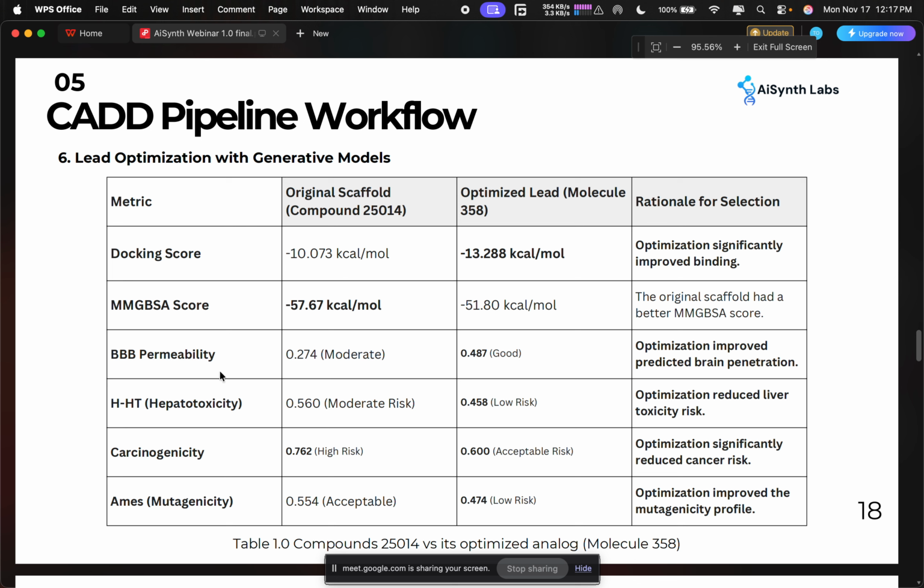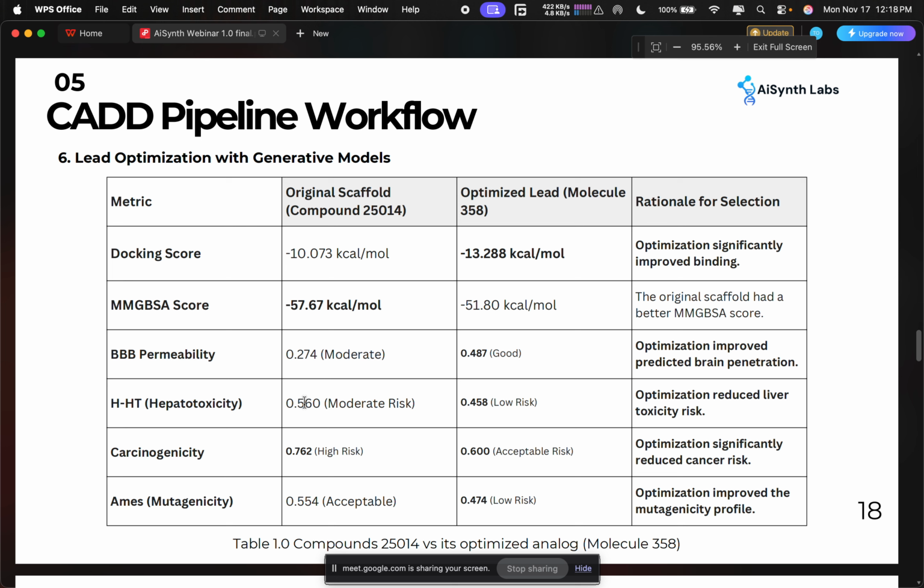Now, for BBB permeability, you can see that our 25014 was moderate, but our molecule 358, our optimized lead, had a better score of 48. As you can see here also, the hepatotoxicity. This is human hepatotoxicity, a parameter in ADMET when you're doing ADMET analysis.